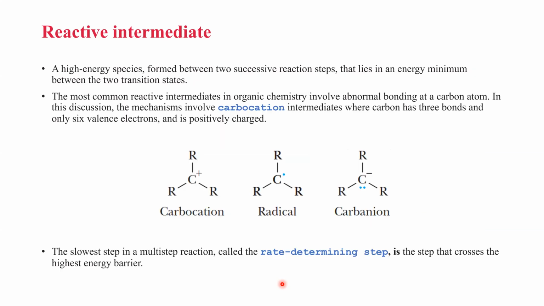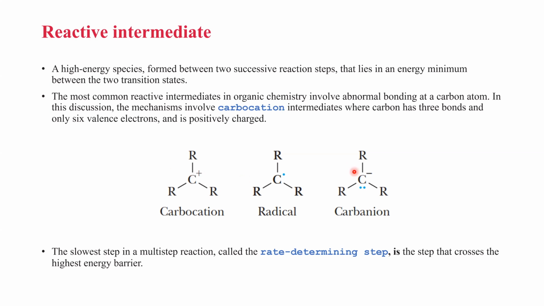Now, the reactive intermediate. We talked about transition states and intermediates. The intermediate, as I said, has the minimal energy between the two transition states. We are discussing organic chemistry, so all reactive intermediates are forms of carbon, formed because there is a double bond between the carbons. Reactive intermediates are the different excited forms of carbon.